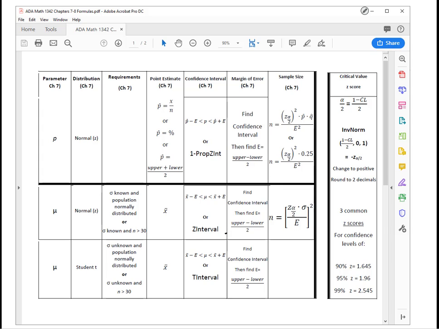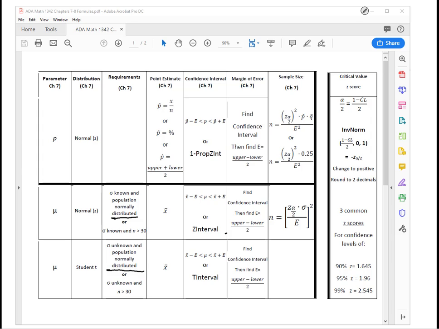Then I look at the requirements column, which will help me determine which I will use. For the normal distribution, I need sigma to be known and the population to be normally distributed, or sigma known and my sample size greater than 30. For the student t, I need sigma to be unknown and a population normally distributed, or sigma unknown and n greater than 30.